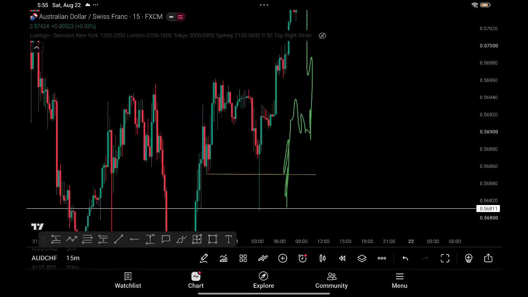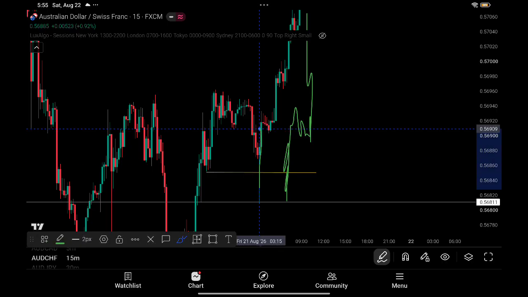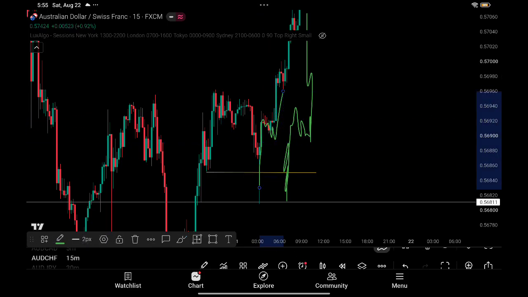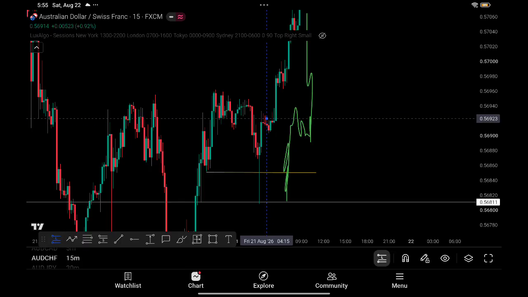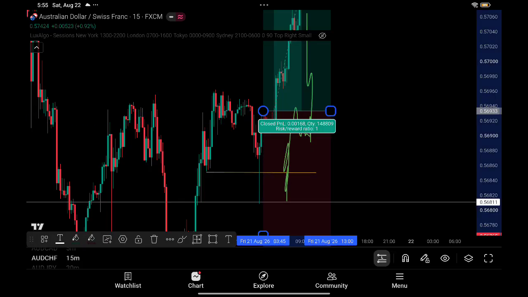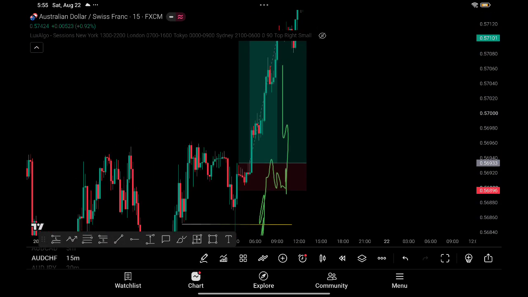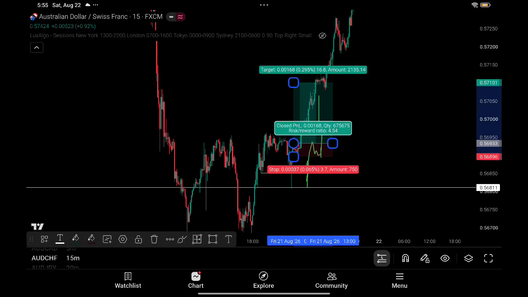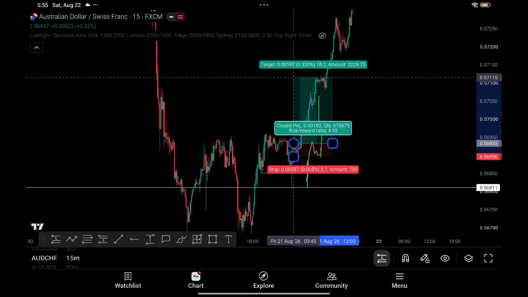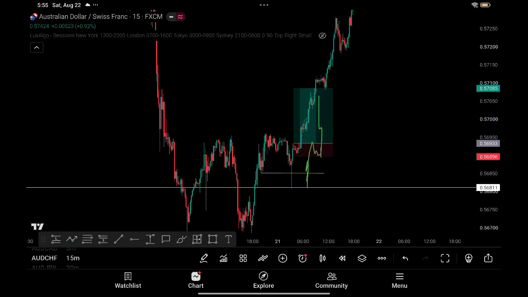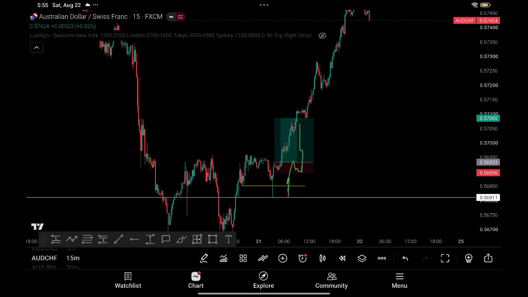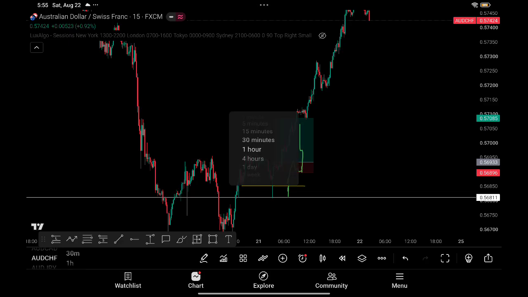So we can clearly see there impulse, correction, impulse, and all I did was take the entry right there. Stop loss is around there. So yeah, that's it. And I got out by 4.5 right there, around 4%. Just closed the trades right after it. I'm happy with it. So all is over.